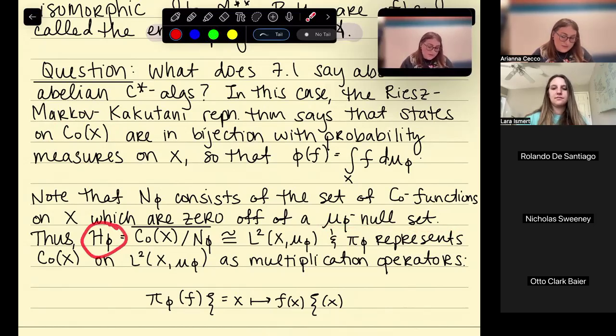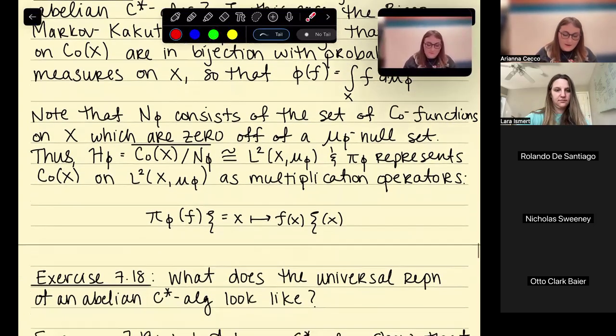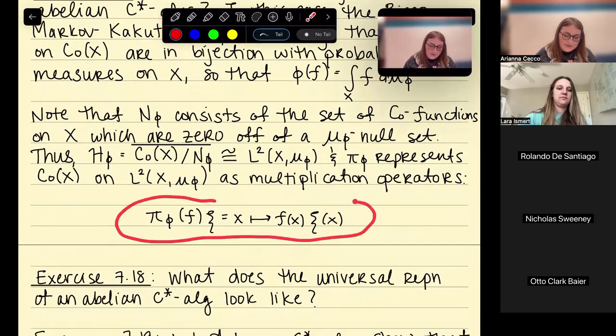So we take the Hilbert space completion and we get that it's isometrically isomorphic to L2 of X, mu sub phi. And pi sub phi represents C0 of X as multiplication operators. You can see how the multiplication operator is defined here.